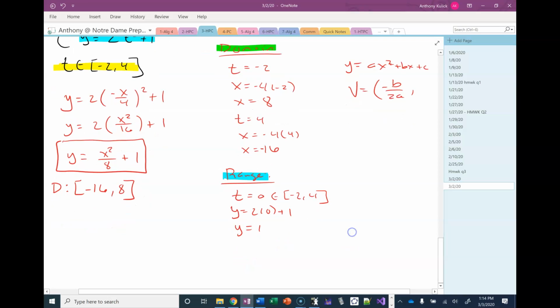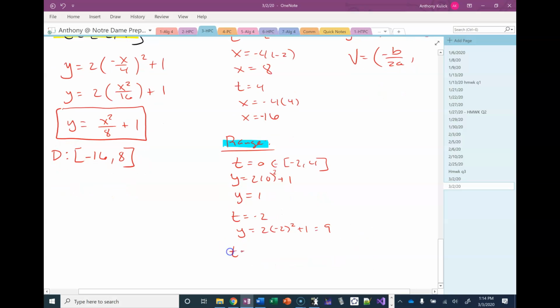Okay. And then I also need to check negative 2. See, that's 4, 8, 9. And then also check positive 4.